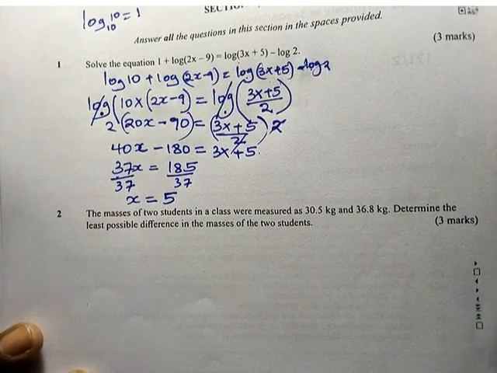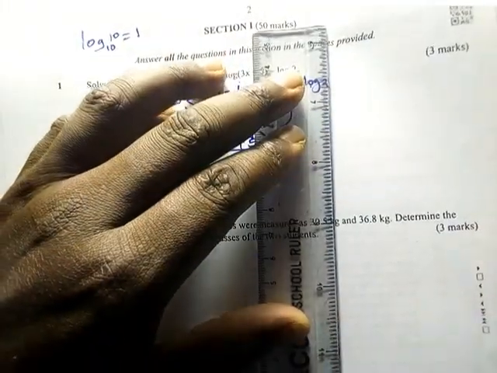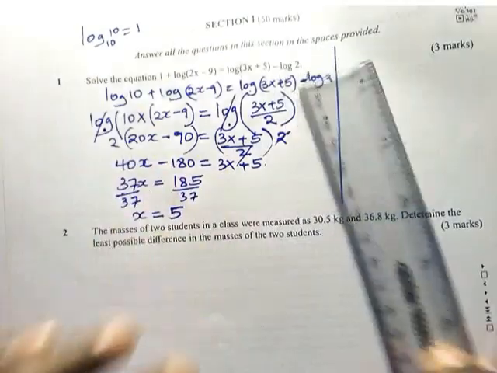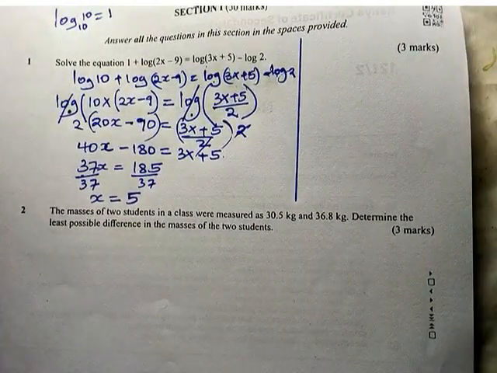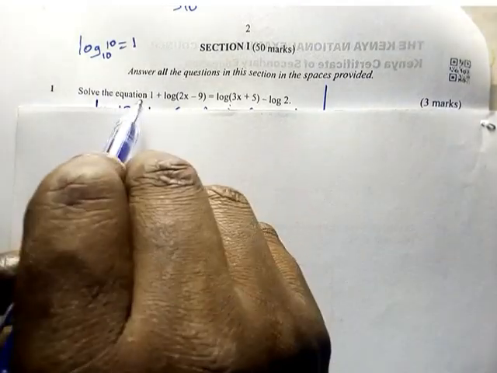There is another way you can do this, a different approach. You rearrange the logarithms given. Let us leave 1 on the left side, and the rest moves to the other side.